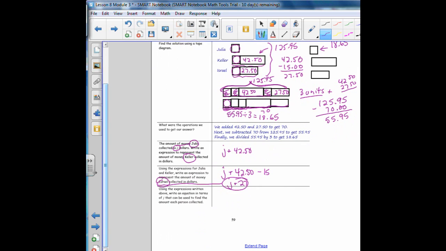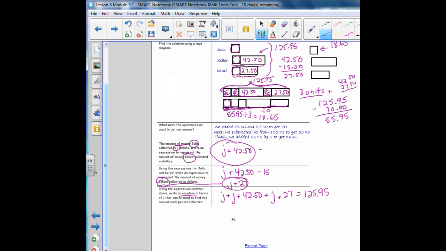Using the expressions written above, write an equation in terms of J that can be used to find the amount each person collected. So here we're going to put the expressions together into an equation. We have Julia's amount, J, plus Keller's amount, which is J plus $42.50, plus Israel's amount, which is J plus $27.50. So those are the three expressions for the three people, and we know that that equals a total of $125.95.